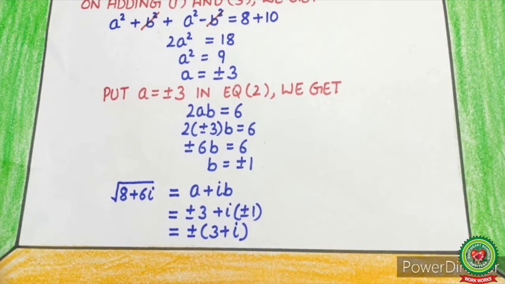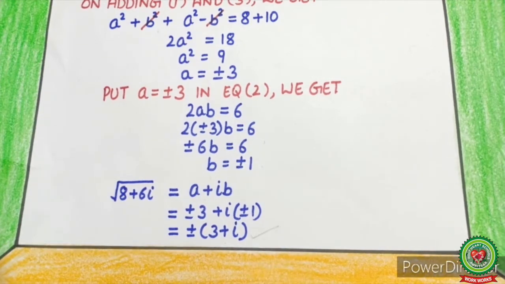So the square root of 8 plus 6 iota is equal to plus minus (3 plus iota). This is our final answer. So this is the concept of square root. You have to find the square root of any complex number with the help of this method.